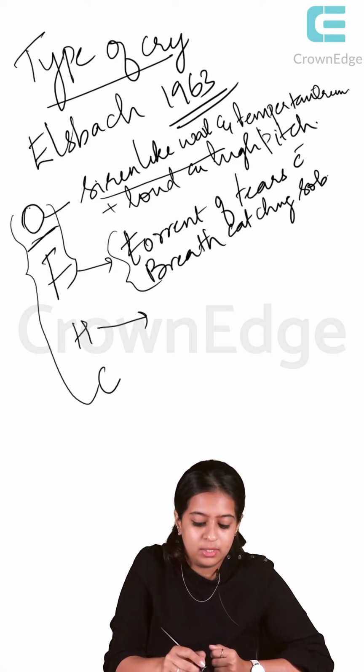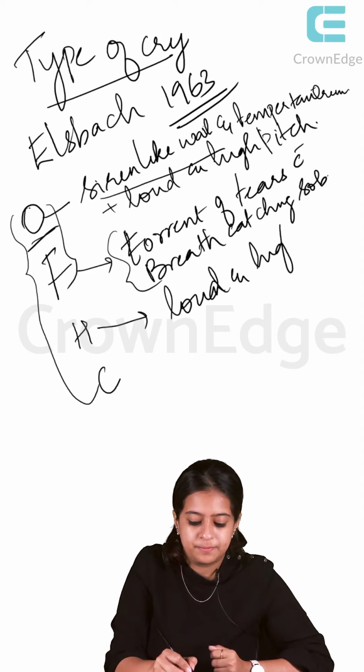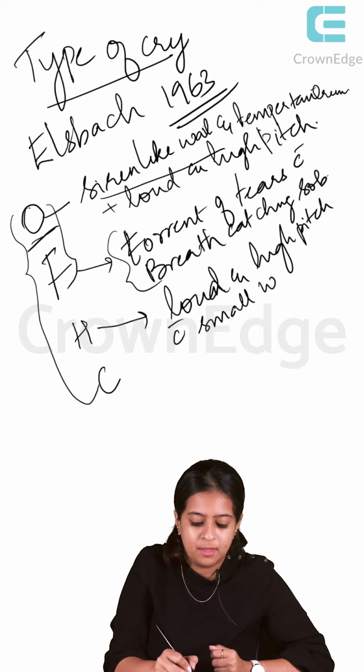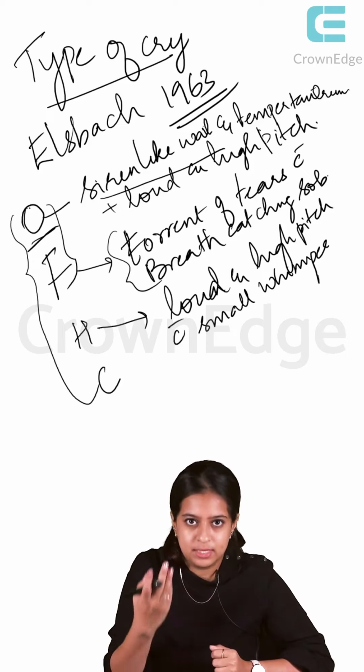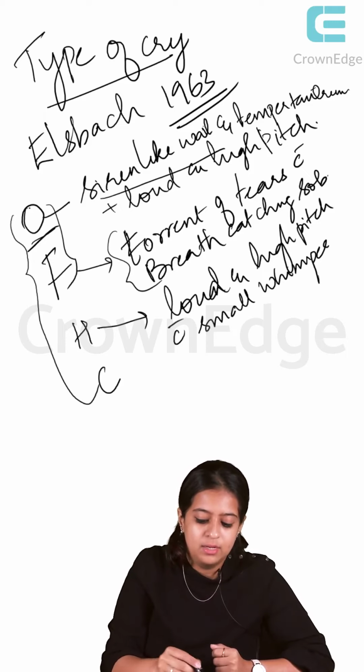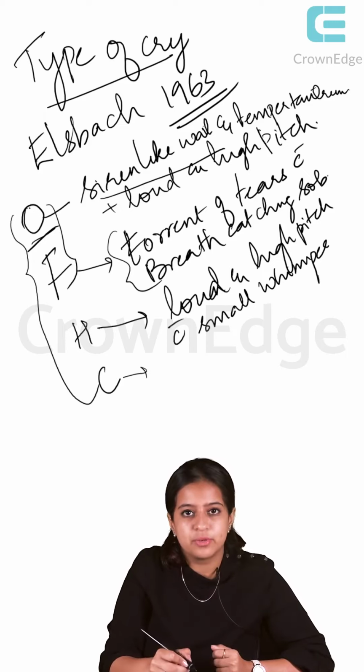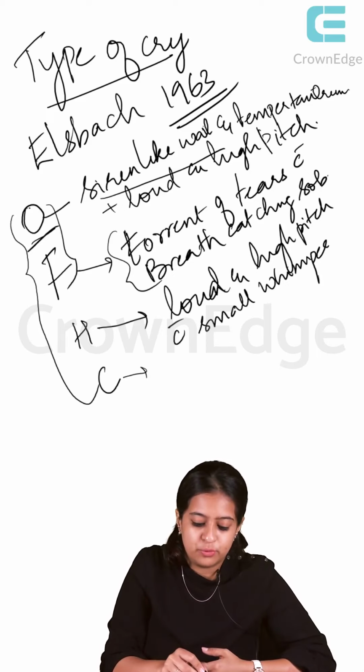Hurt cry is again loud and high-pitched with a small whimper. This is like when you give anesthesia and they have pain. It starts like a tear drop from the corner of the eye and then a lot of tears start coming. It's because they are in pain. So it's loud and high-pitched with a small whimper.